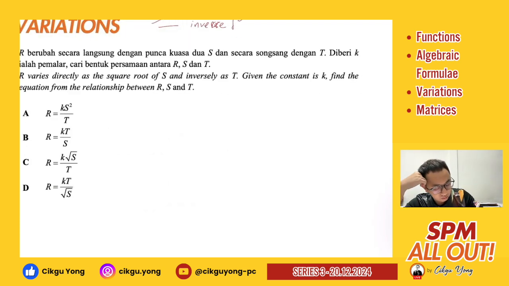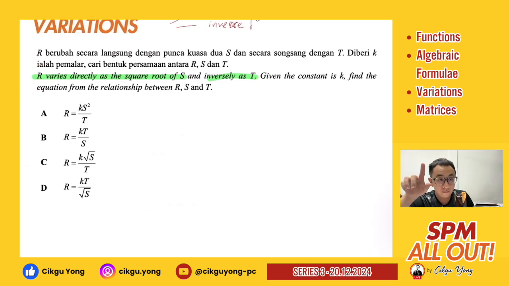So the question here: r varies directly as the square root of s and inversely as t. As long as you can see varies directly, anything behind varies directly is going to be at the same level as your subject, which means there's no over.